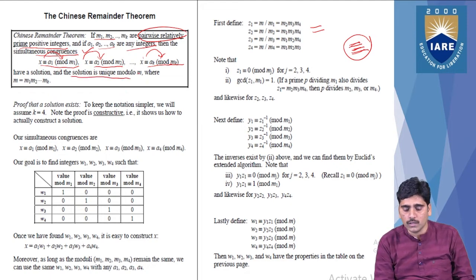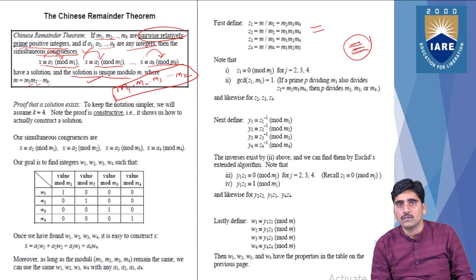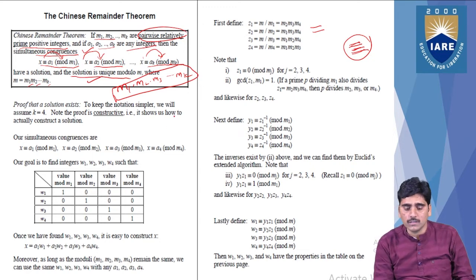And the solution is unique modulo M, where M equals M1 into M2 into M3 up to Mk. This is the way you can state the Chinese Remainder Theorem.